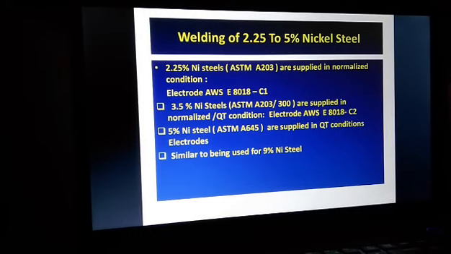Electrode AWS E8018-C2. 5% nickel steel ASTM A645 is supplied in quenched condition, electrode similar to that used for 9% nickel steel.